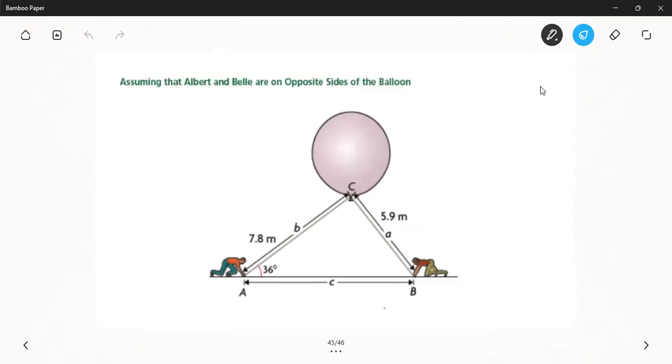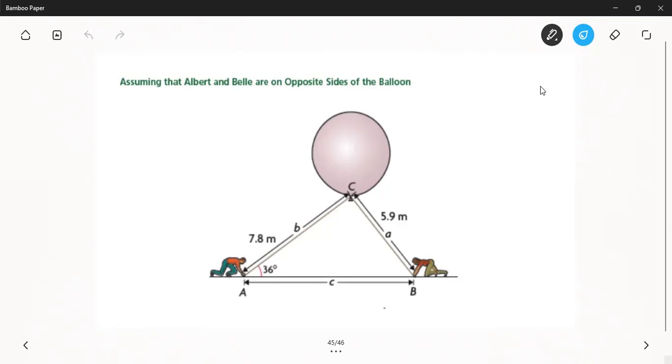Okay, now, the first scenario that we may come with is this. We say that this is Albert on the left, this is Bell on the right, and that's the balloon. The rope from Albert to the balloon is, as we said, 7.8 meters. And the length of the rope from Bell's side to the balloon is 5.9 meters.